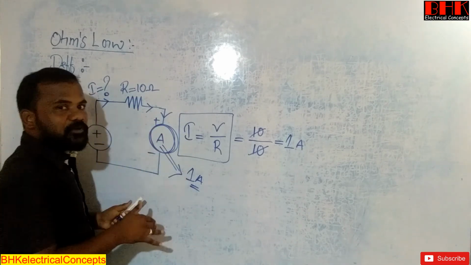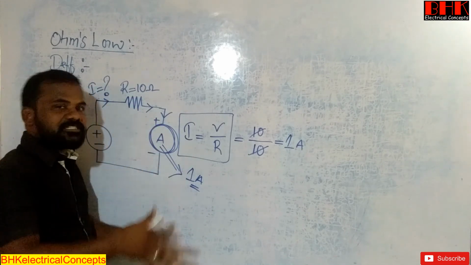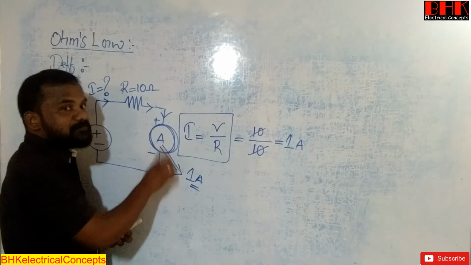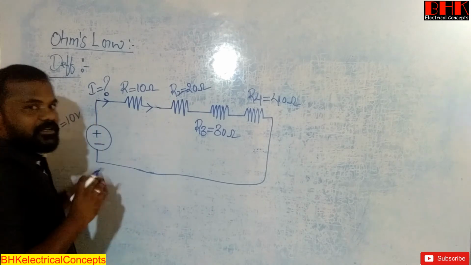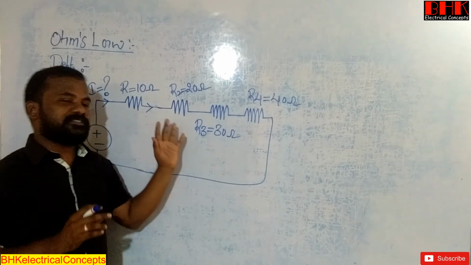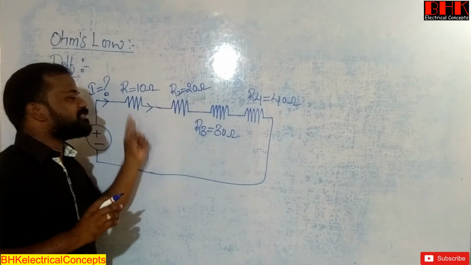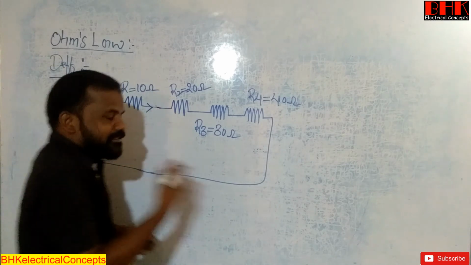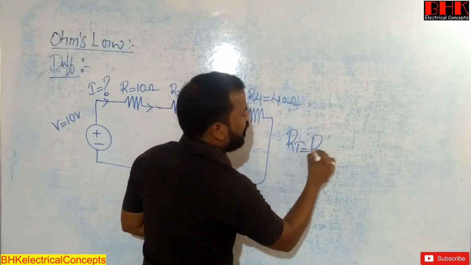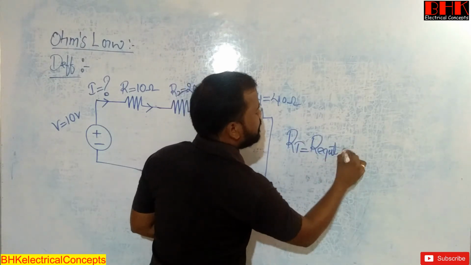For example, suppose we have 4 resistances. How do we find the value of current in practice? For example, this is the circuit with 4 resistances, all connected in series. In the theoretical way, we need to find the equivalent or total resistance in the circuit.